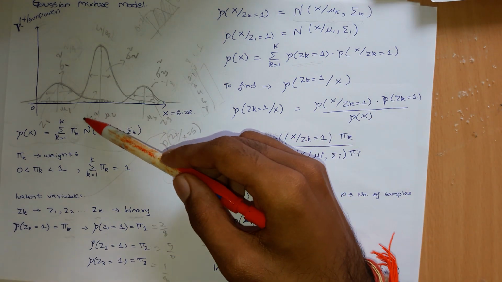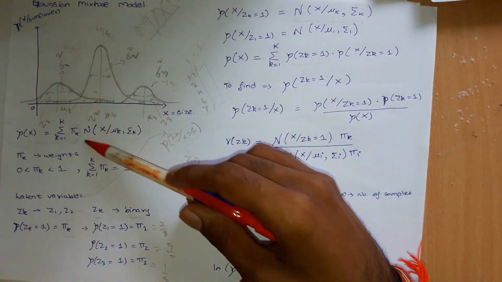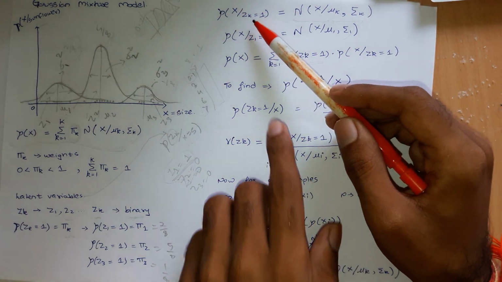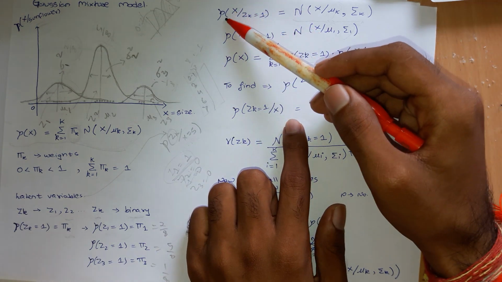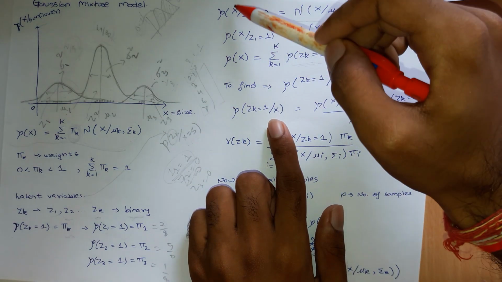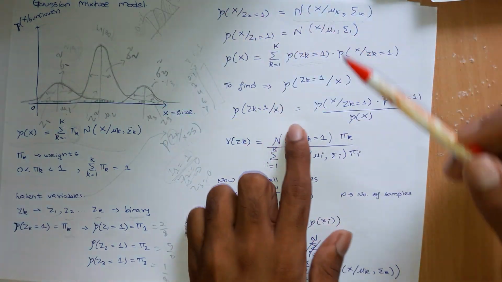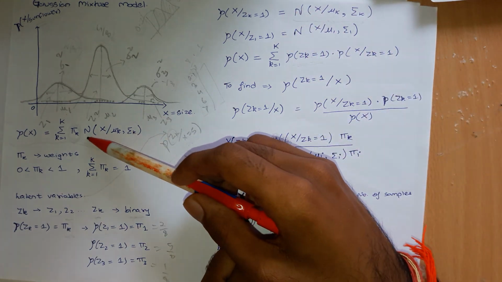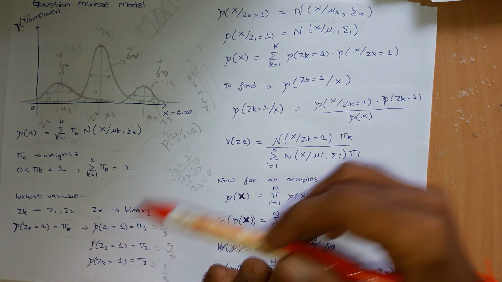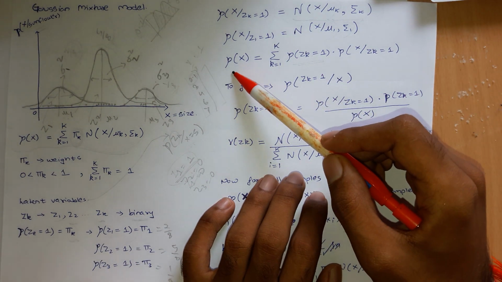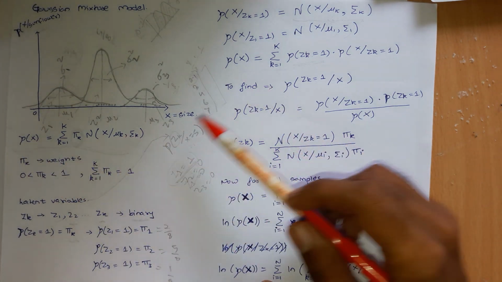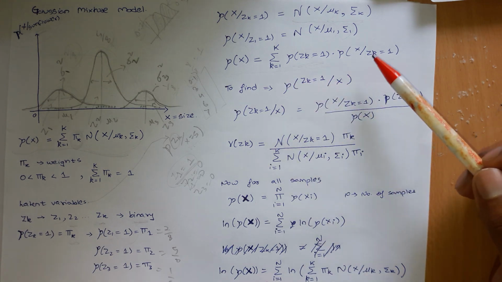Also this particular Gaussian over here, I can write as p of x given zk is equal to 1. So now I'm given say zk is this, or say zk is this. Now tell me the probability of the size. You can just relate that both are the same, so that comes over here, and pi k is this. So now by this we just converted our expression from these values to some latent values, that is z.